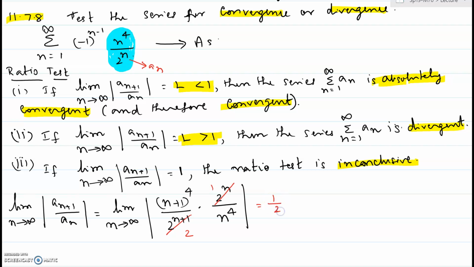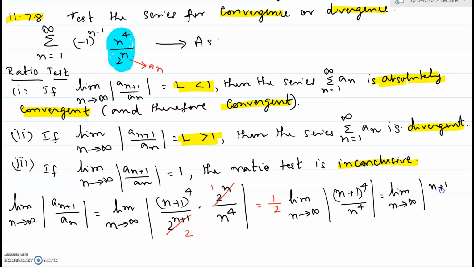So 1/2 has nothing to do with the limit, which can be taken out of the limit. Then limit as n approaching infinity, n plus 1 to the power 4 over n to the power 4 within the absolute sign, which can be reduced to limit as n approaching infinity of n plus 1 over n, to the power 4.